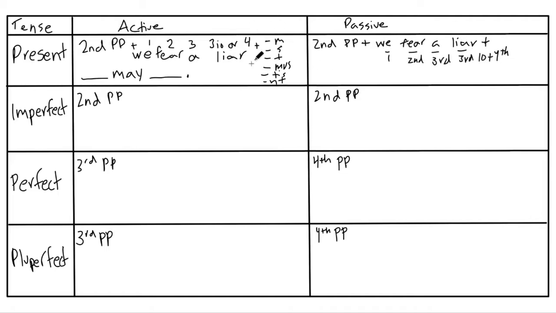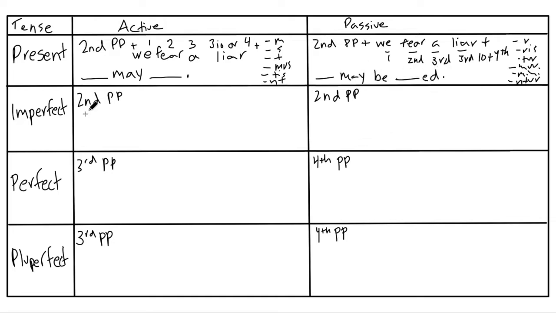So these personal endings, though, they change for the passive voice, and they become the ones used for the present passive indicative: r, ris, tur, mur, mini, and ntur. The translation obviously changes to subject, rest of sentence, may be verbed.